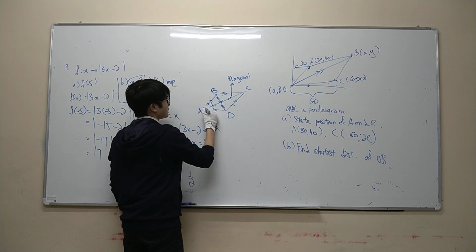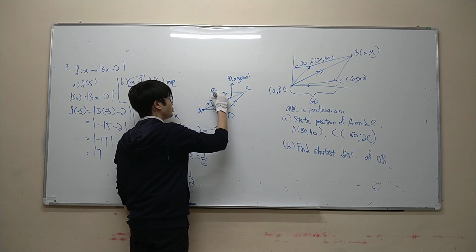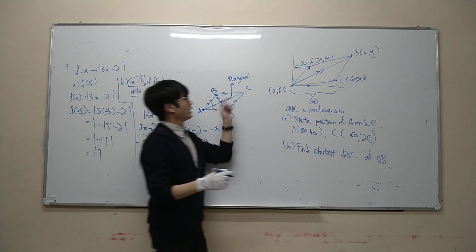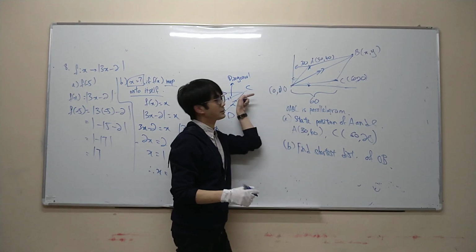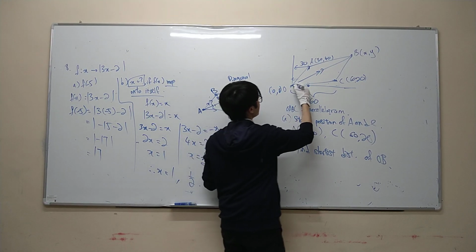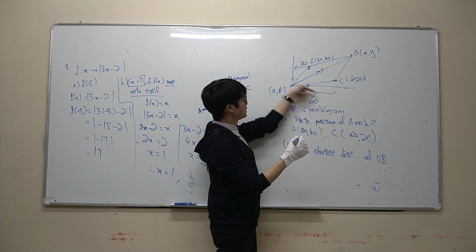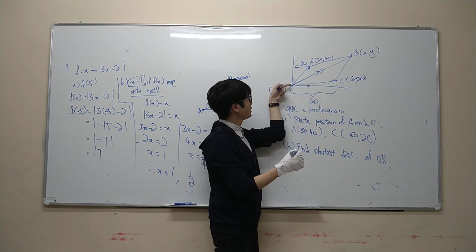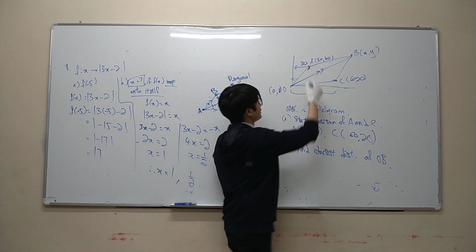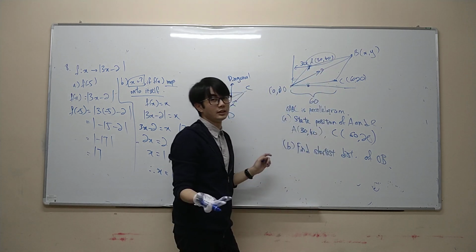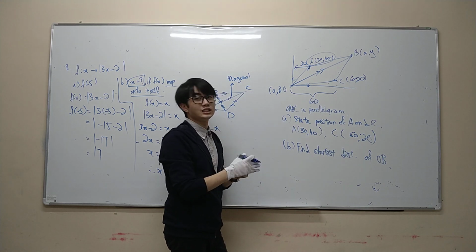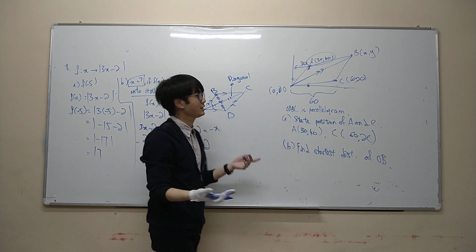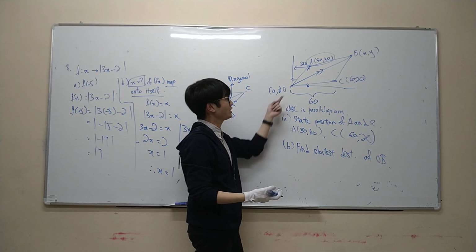Actually, from O to A, how is it? From O to A is 30 across and then up 40, right? So 30, 40. That's why the coordinate here is 30, 40. It's like a translation. You use the translation method. Remember you learned in maths, matrix.